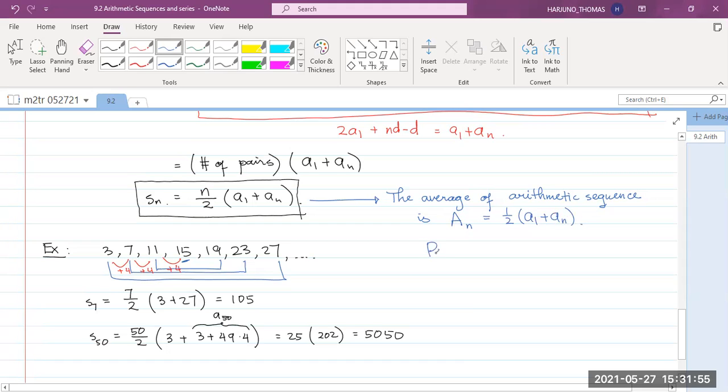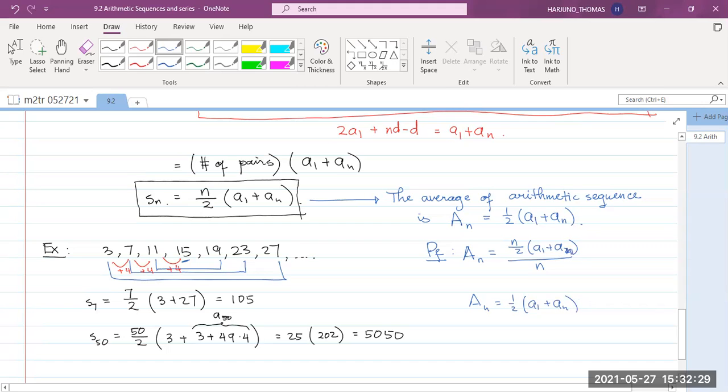Why? Because the average of the first n terms of an arithmetic sequence is the sum divided by the count, right? Just that simple. So that's 1/2 the first term plus the last term.